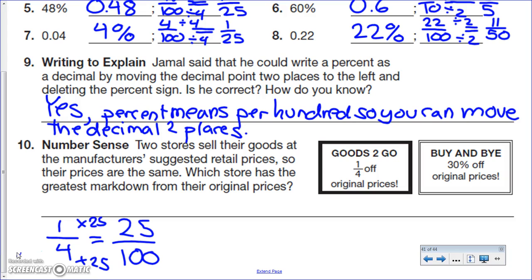So now we have 1/4 equals 25 hundredths, which now we can turn into a percent. So 25 hundredths is 25%. So as we look at the two percentages, Buy and Buy has 30% off the original prices, which means they're offering a greater markdown from their original prices.